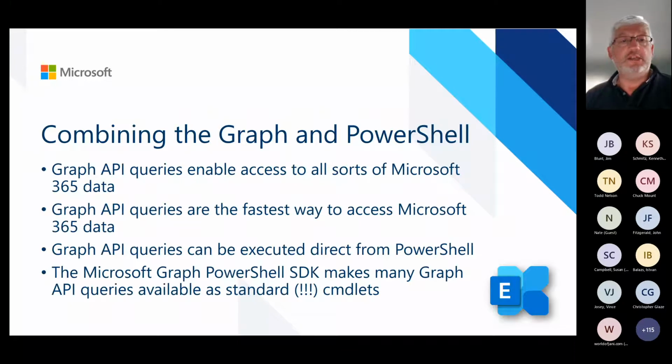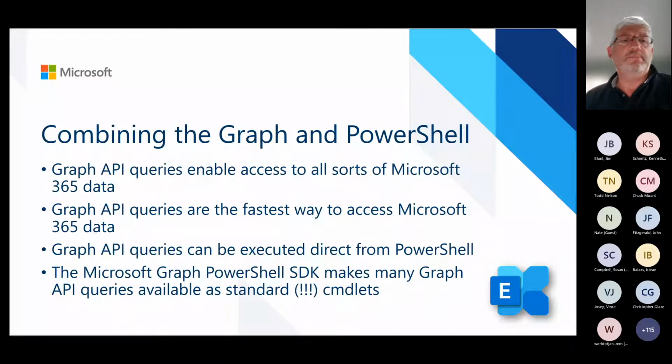So what I am suggesting is that you think about combining the Graph and PowerShell, because those Graph API queries enable access to all manner of data. They're the fastest way to access data. Just measure, for example, Get-AzureADUser to get all the Azure AD users.